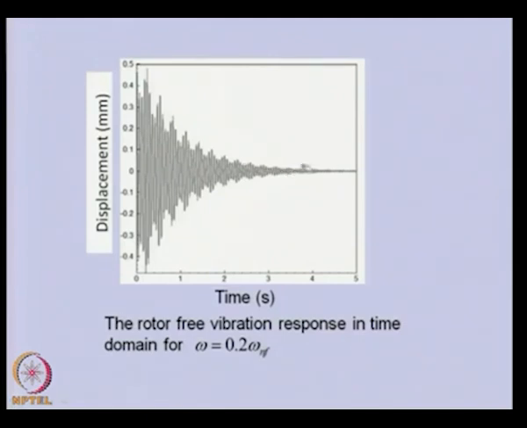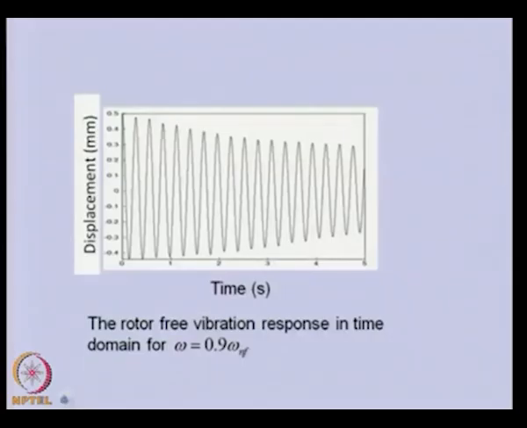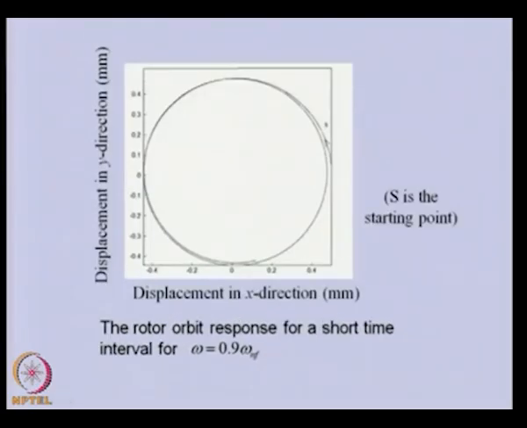After some time it goes to the stable solution. So, this is for one of the speeds. Now, when we are close to the natural frequency, for a given disturbance, this kind of response again goes toward lesser amplitude. So, it looks like the system is stable. This is the orbit plot.